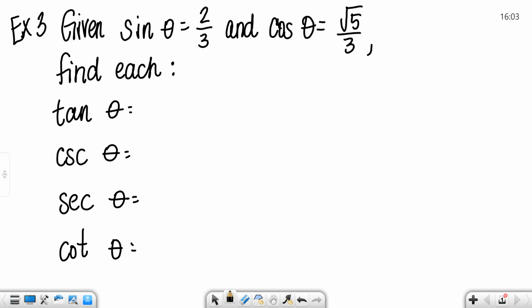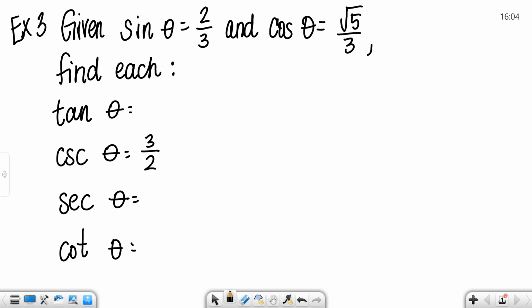I know that sine is 2/3, so I have to find the one that is the reciprocal. Remember, sine and cosecant are reciprocals. So cosecant, you just flip over the sine. Done. Just that simple. Cosine is the reciprocal of secant.